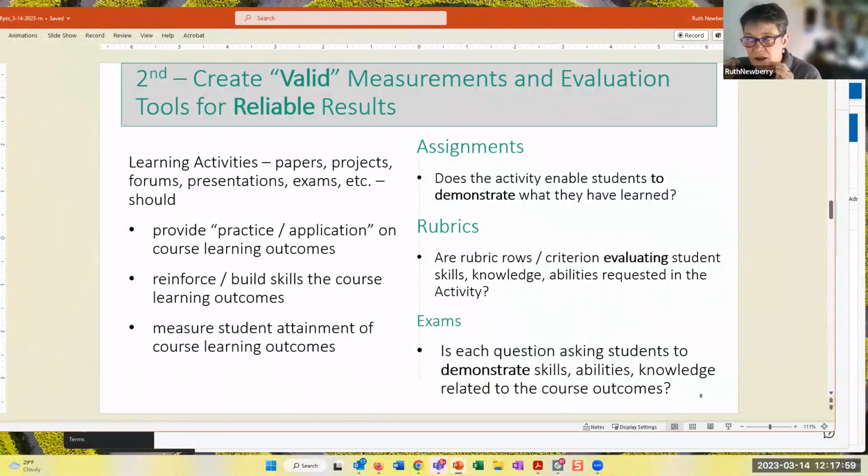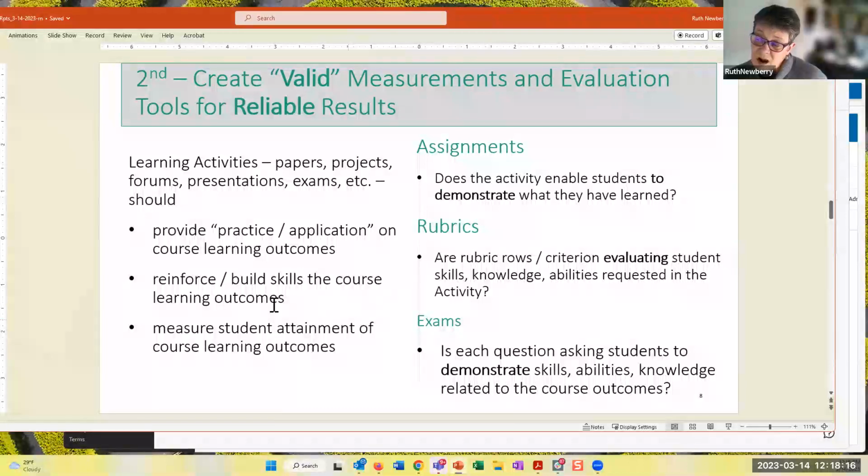And when we see the results, we need to keep that in mind, that these are practice and formative type activities, or they're intended to reinforce and build new skills for students.